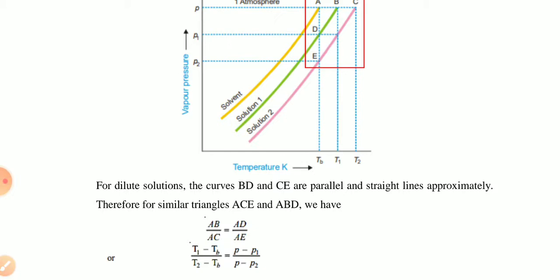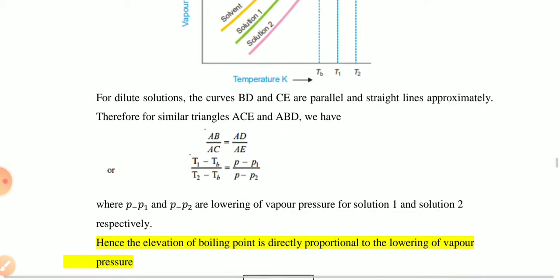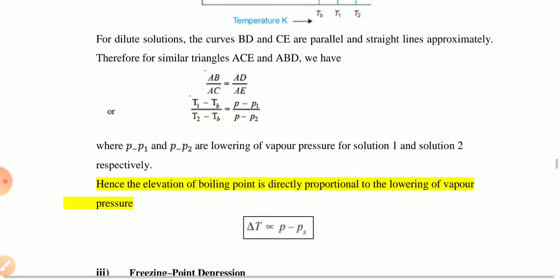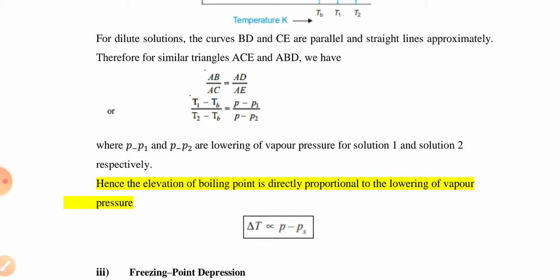For AD and AE, we put the values of pressure P minus P1 and P minus P2, where P minus P1 and P minus P2 are the lowering of vapor pressure for solution 1 and solution 2. Hence, the elevation of boiling point is directly proportional to the lowering of vapor pressure, that is, del T is directly proportional to P minus Ps.